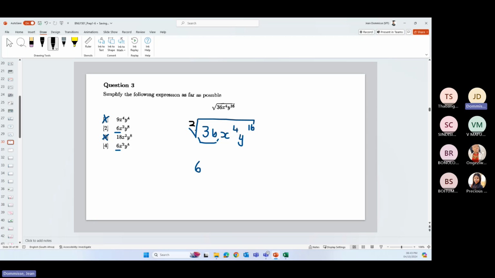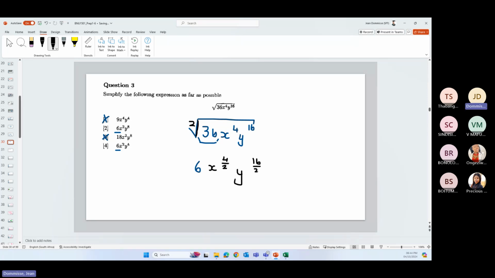So when we simplify this, how I normally look at it is to say it is 4 divided by 2. So we can take that bucket away, but it is 4 divided by 2, and then 16 divided by 2.